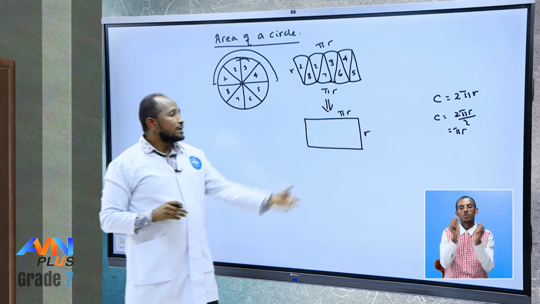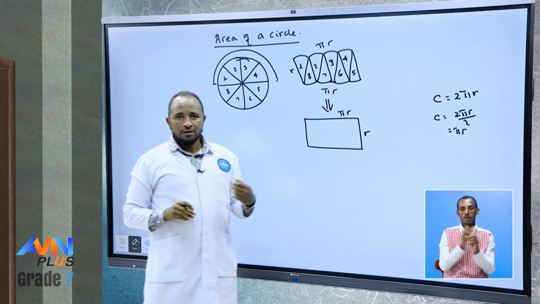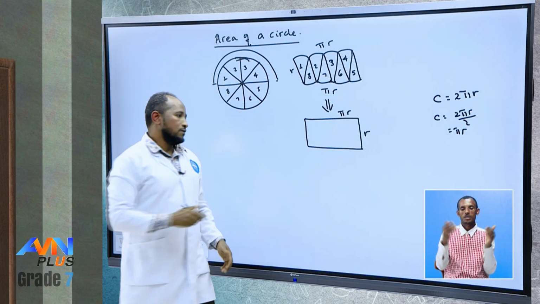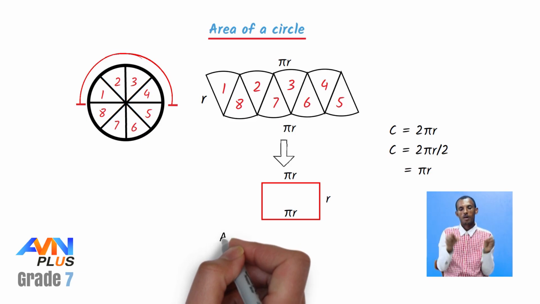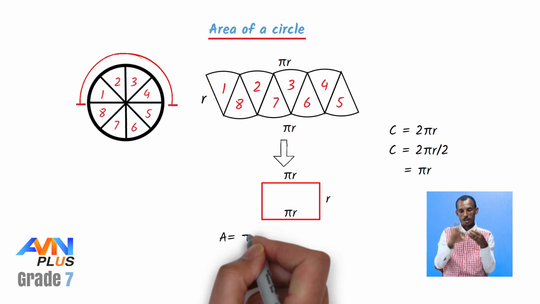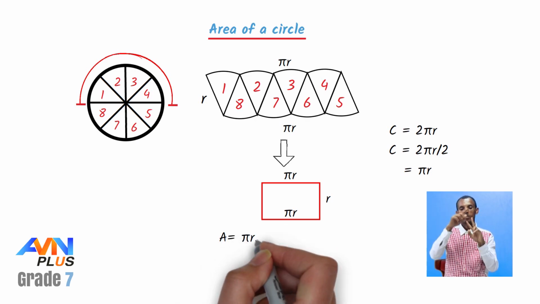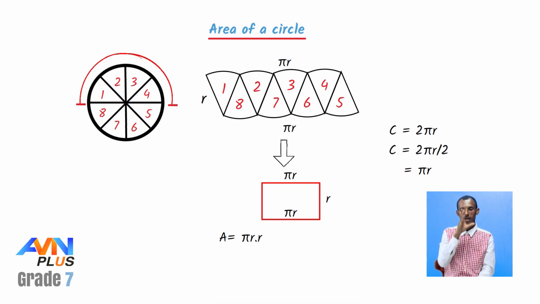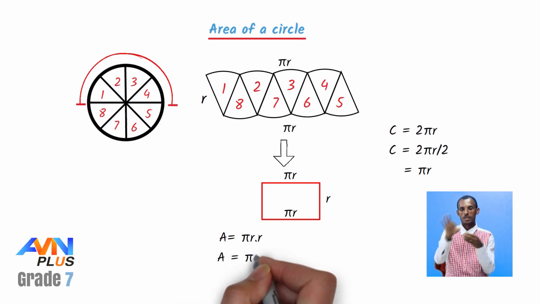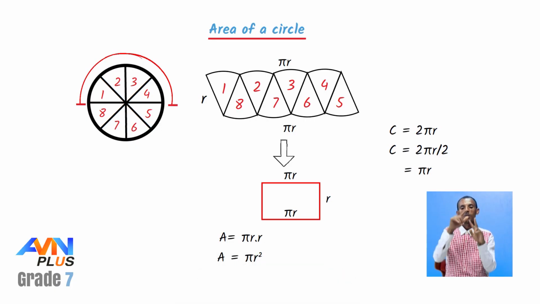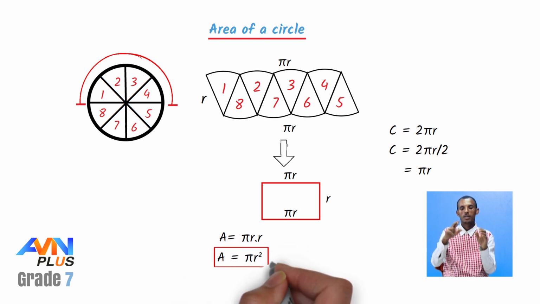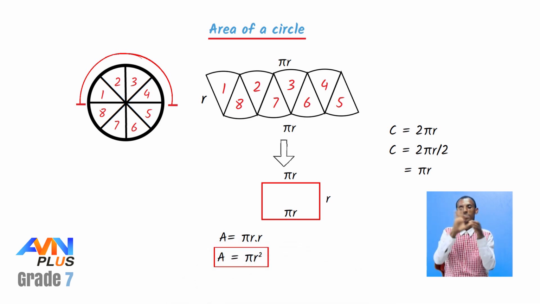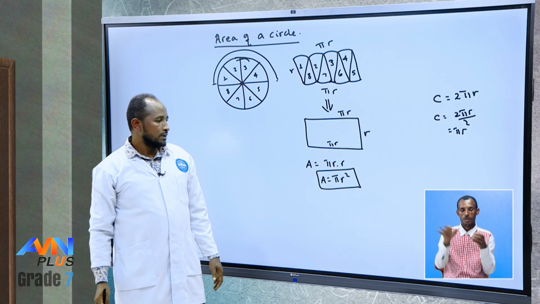So we can calculate the area of this, which is equivalent to the area of the circle. Therefore, the area of the circle is equal to the base pi r times the height radius. So the area of a circle is given by the equation pi r squared. This is the equation we use to calculate the area of a circle.